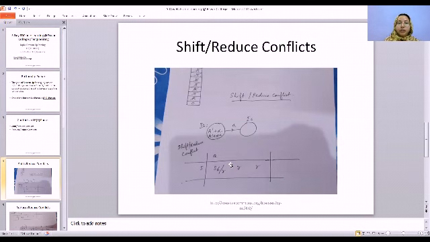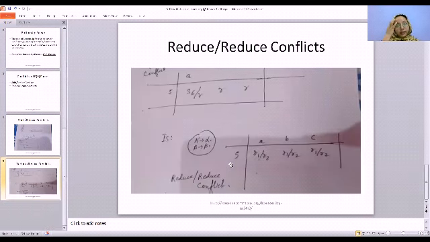Another is reduce-reduce conflict. In this conflict we have two productions, both with a reduce move. How do we determine a reduce move? If the dot is placed at the end of the right side of the production, at the last position, then that is a reduce move. And in the same state number 5 we have two reduce moves.